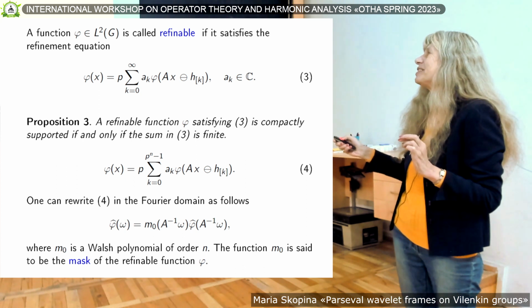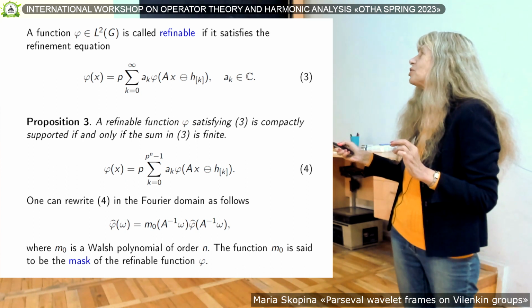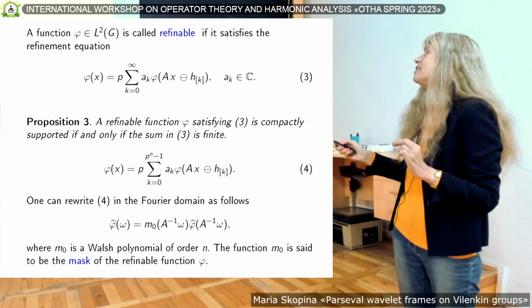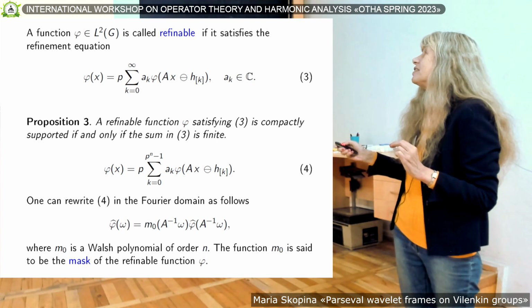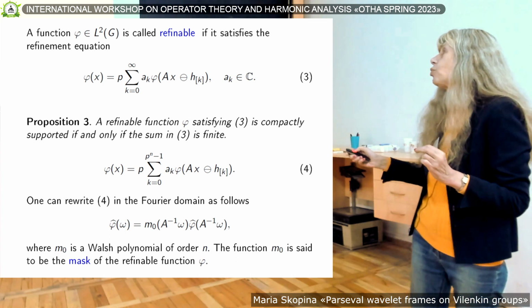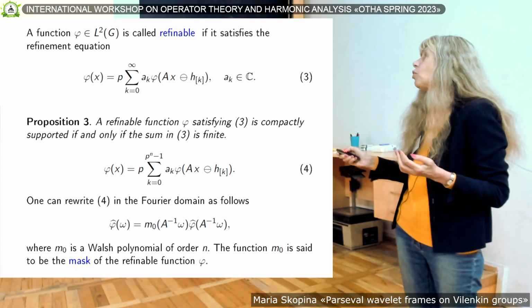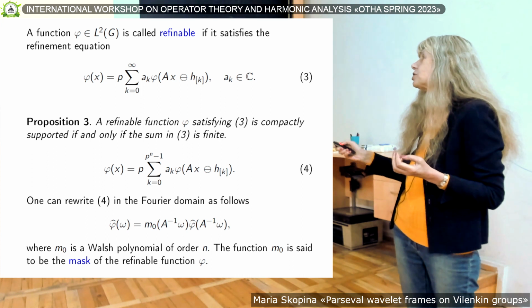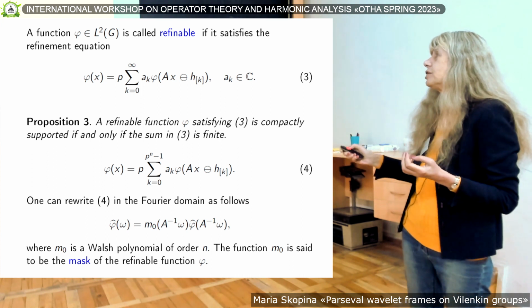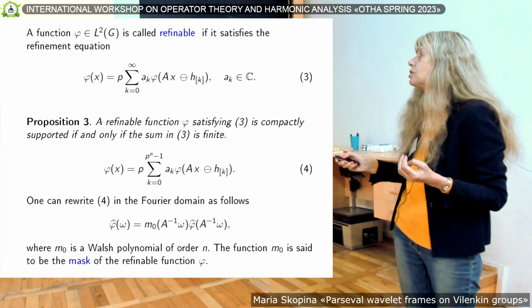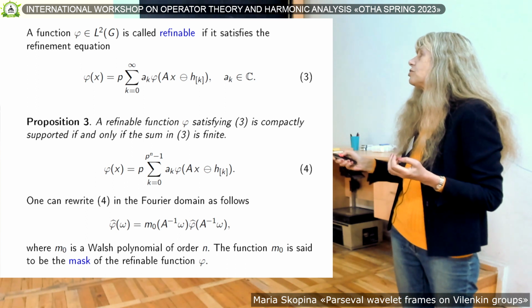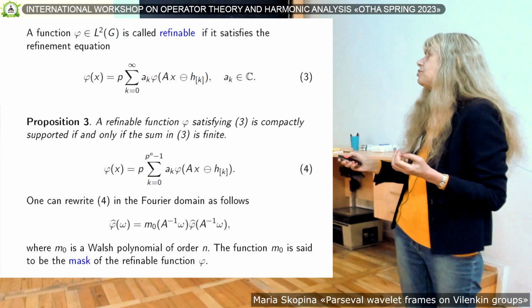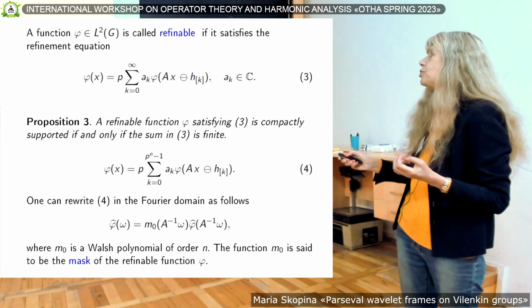Phi is compactly supported if and only if the sum here is finite. So we are interested in compactly supported refinable functions, so we will consider this refinement equation. And taking the Fourier transform, we see the refinement equation in the Fourier domain.